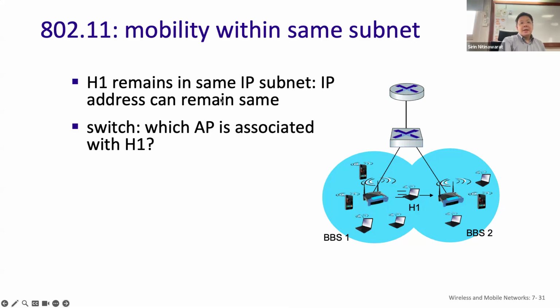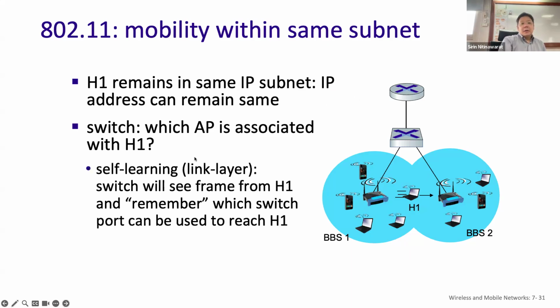So in this case, if this mobility remains in the same IP subnet, then the IP address can remain the same, given the fact that this switch can know from which port the traffic of the mobile device is coming.